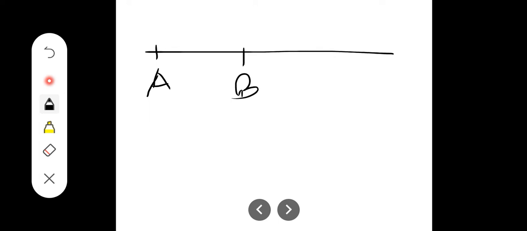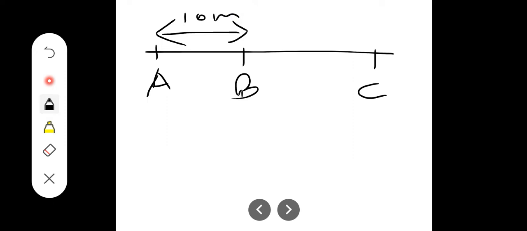Just imagine this is a path, and in the path I mark 3 points, A, B, and C. The shortest distance between A and B is, say, 10 meter.